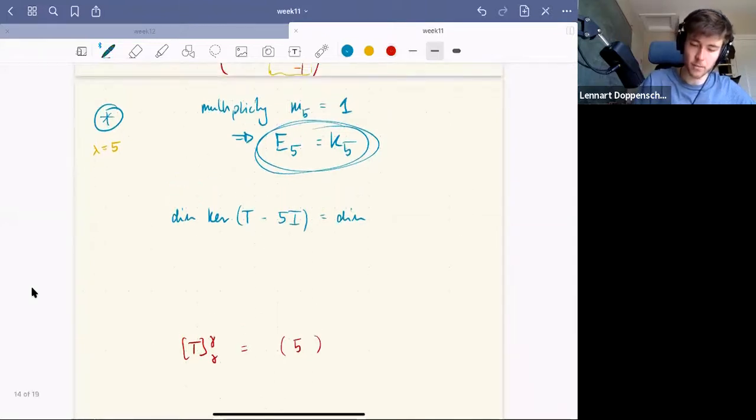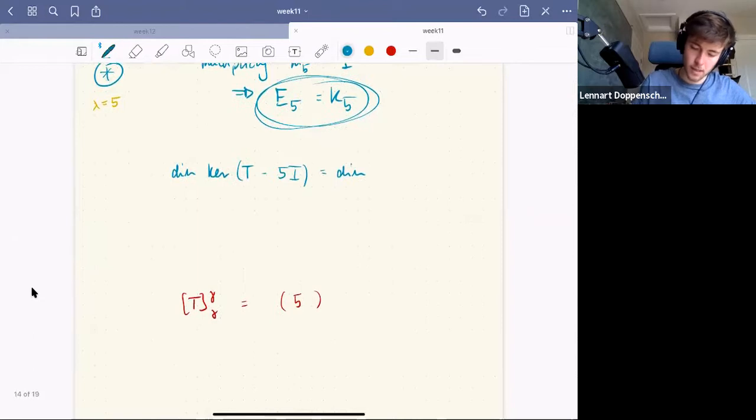But the way that you would actually compute this is, well, the dimension of E5 has to be 1, because we had this theorem that it's bounded above by the multiplicity, and this is 1, and it's bounded below by 1 as well. So this means we get just 1. This is the cycle tableau.